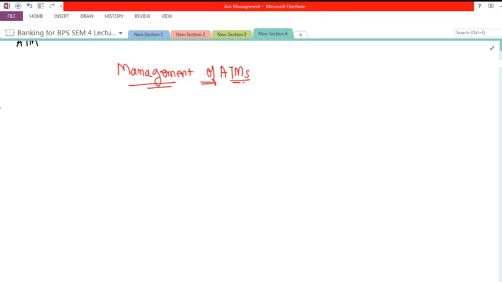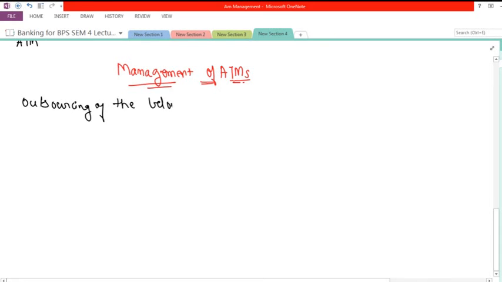The prominent mode in current times for maintenance of ATMs is outsourcing. Banks outsource all the activities, starting from identification of location. So outsourcing of the below activities is undertaken by the banks.